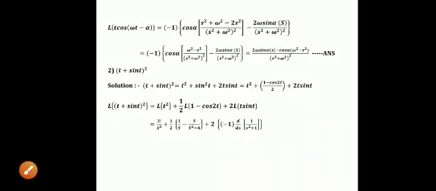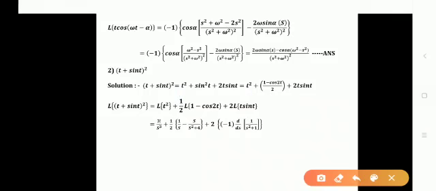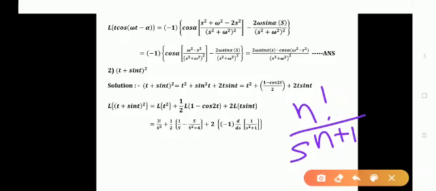Laplace transform of t square, that is Laplace transform of t raised to n, the formula is n factorial upon s raised to n plus 1. As here t square means degree is 2, which is an integer, so here we have to apply this formula.